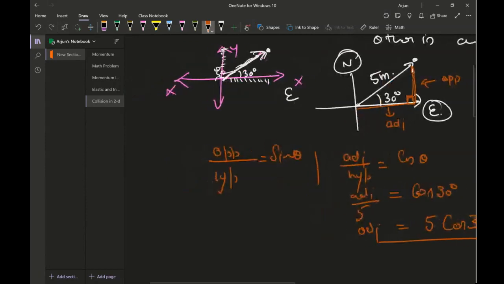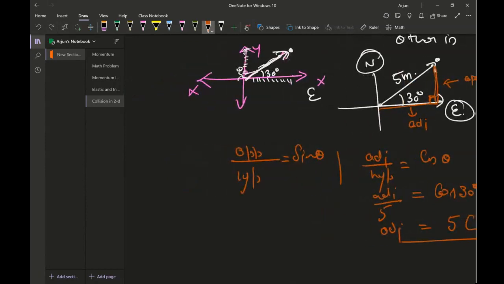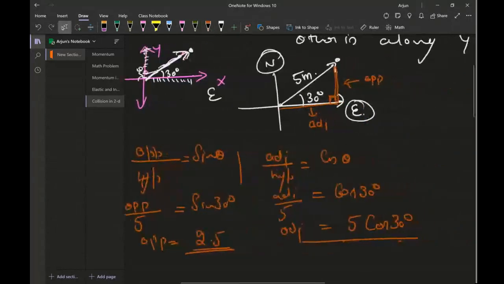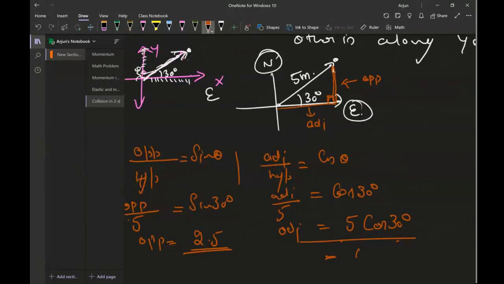Make sure your calculators are in degree mode to solve these questions, not in radian mode. Then opposite upon hypotenuse, hypotenuse again 5, sine of 30 degrees, and the opposite value comes out to be 2.5, and this comes out to be 4.33. I'll do the calculation on my end also: 5 cos 30, yes, it should be 4.33.